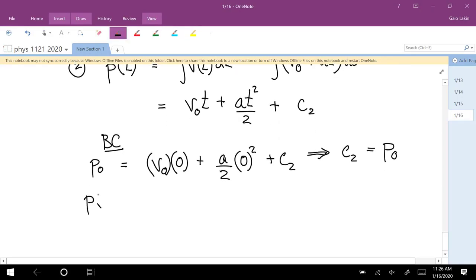And so the position as a function of time is equal to, I'm going to rearrange it to make it the way that you normally see this, P0 plus v0t plus 1/2 at squared.